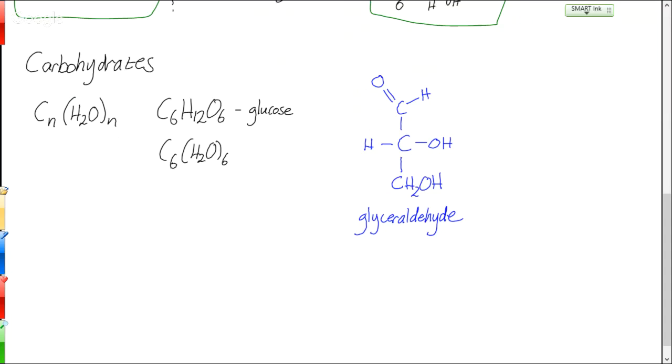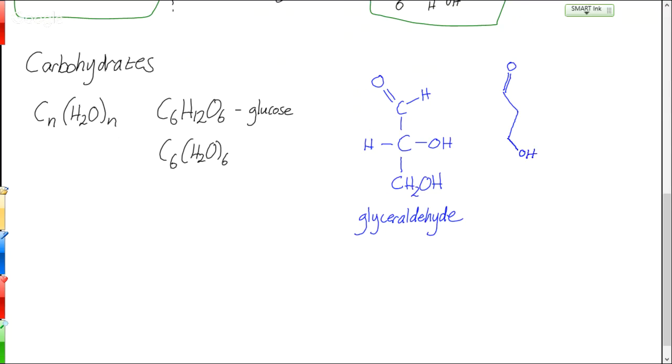If we take a look at that as a line structure, we'll see that there's actually two types of glyceraldehyde. So there's our aldehyde. Actually, let me rewrite that. Let's keep this vertical orientation. We'll see why in a little bit. So here's our aldehyde on top.